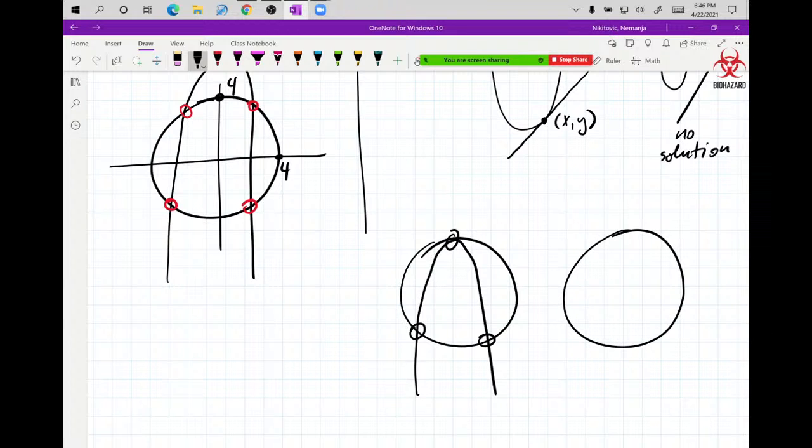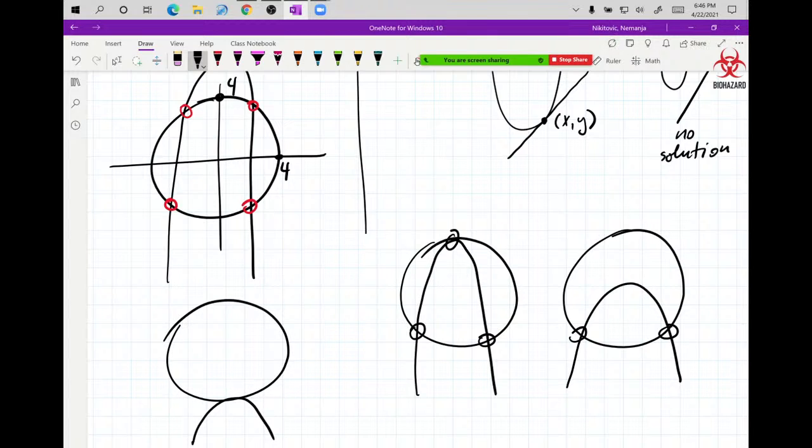You can have it intersect for 2 solutions, or 1 solution. So there is nothing to memorize here. You will be solving these systems, and if you're able to graph, you would know how many solutions you are looking for, just like for trig.